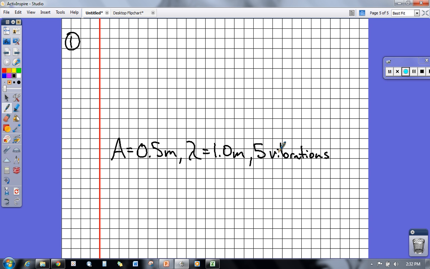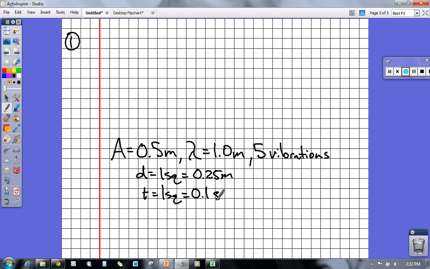Well, before we know that, we have to look at our half sheet with our scale. So we have a distance scale, 1 square equals 0.25 meters. And we have a time scale of 1 square equaling 1/10 of a second. Okay?